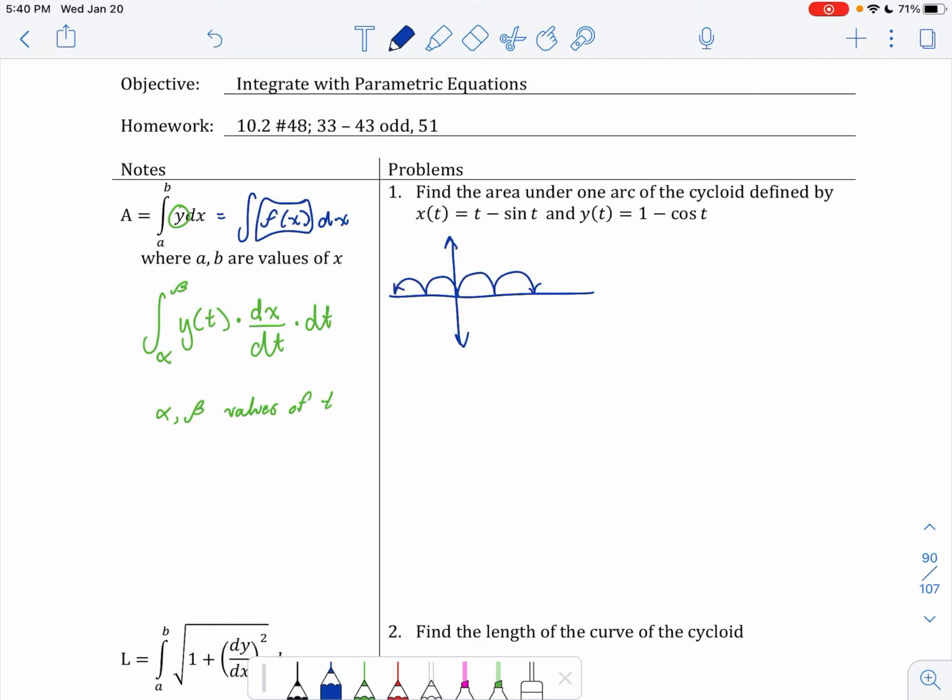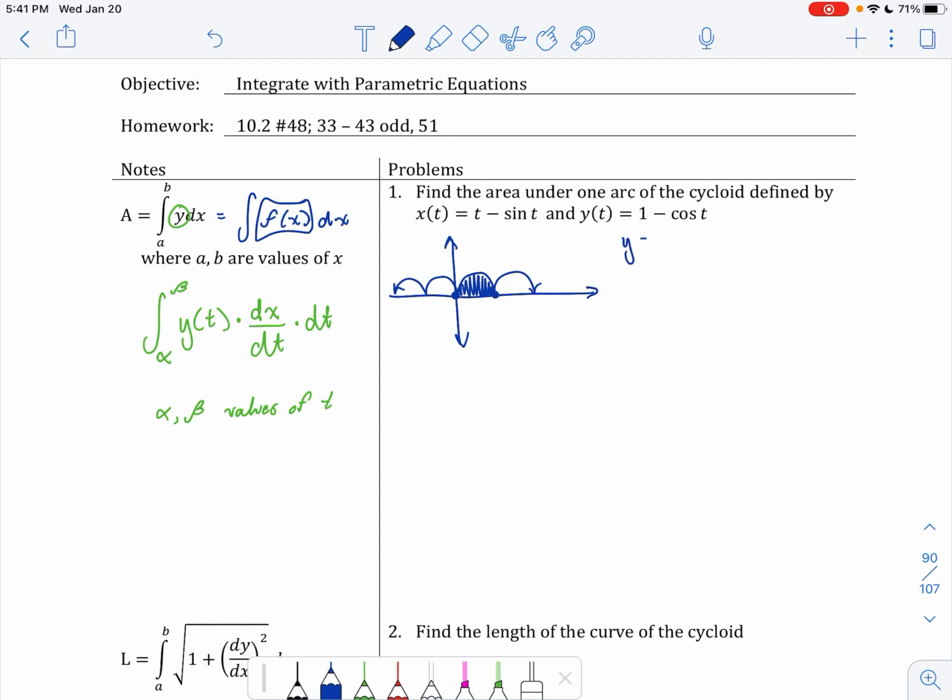You will see an arc here that's going through stages. I'm zoomed out a little bit. And so when they say one arc, they're asking for the area underneath here. You could have picked any one of these, but I think that one is the natural one based on our understanding of mathematics to pick. That's what I would do.